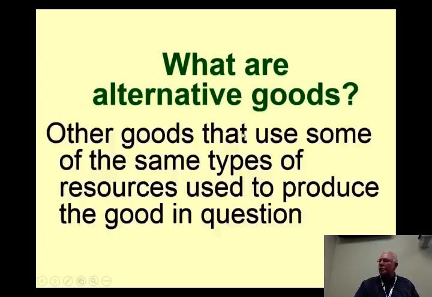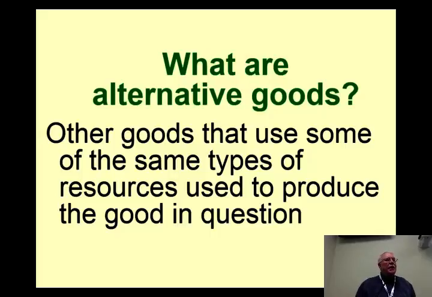Now, what are alternative goods? Other goods that use some of the same types of resources used to produce the good in question. In other words, if you're a farmer and you own, let's say, 100 acres, do you have a choice of what you can plant on those 100 acres? Well, sure. Corn, cabbage, lettuce.